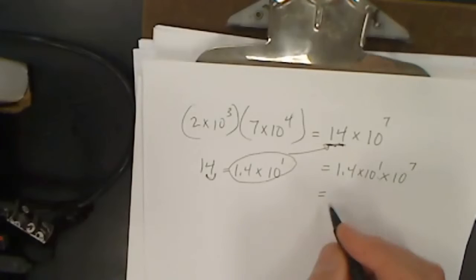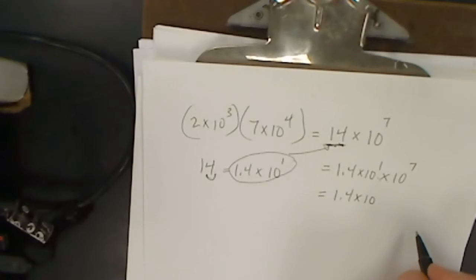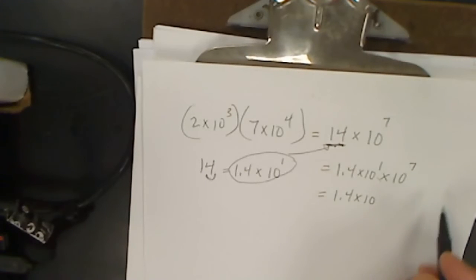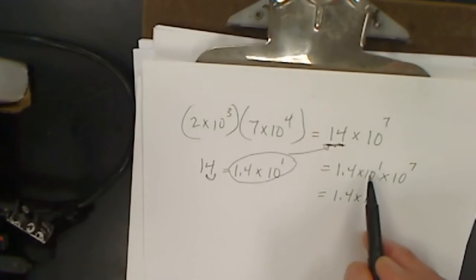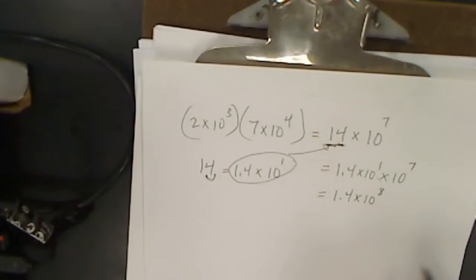What do the 1 and the 7 do? You add the powers together, right? So what do you get? 10 to the 8.